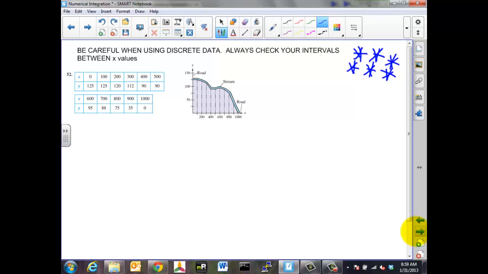What's the difference between any two consecutive ones? Is it 100 for every one of them? It is. Therefore, we could use the trapezoidal rule here, okay? Since the difference between x, x_{n+1} minus x_n, is always the same, you can use the trapezoidal rule.